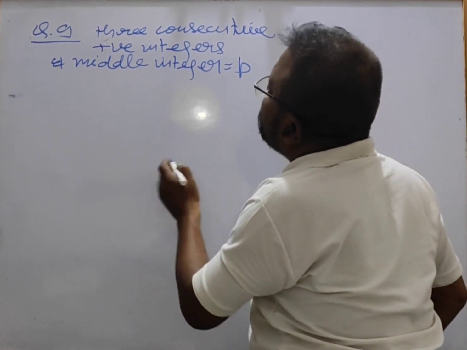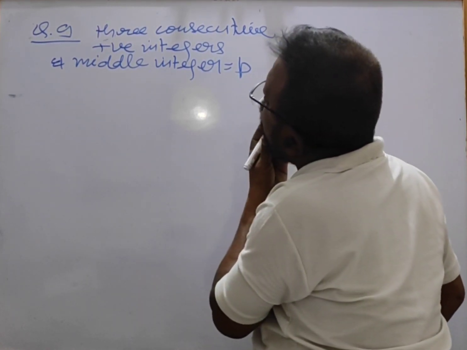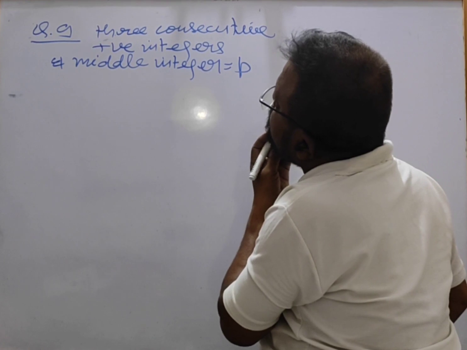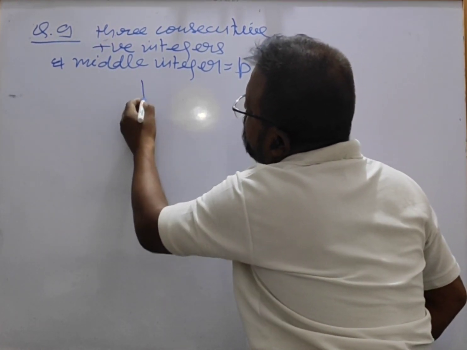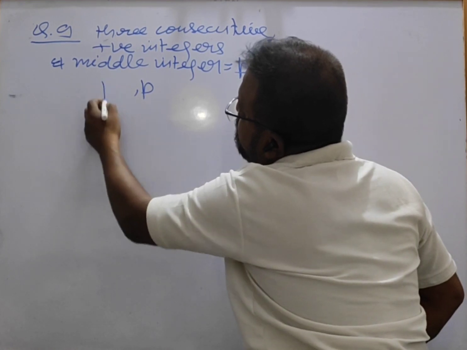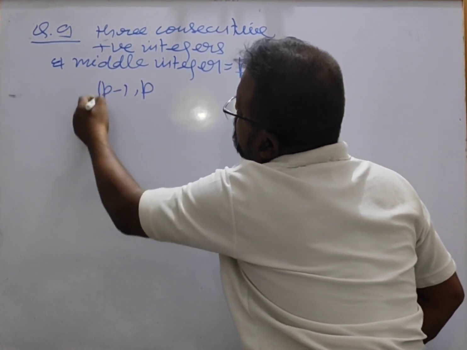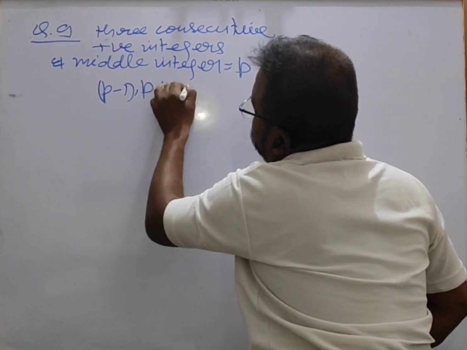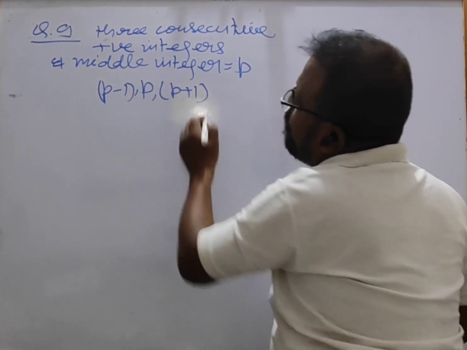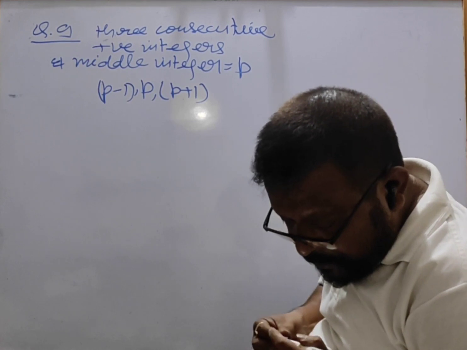So consecutive integers are there, so one is p minus 1, and one is p plus 1. These are three consecutive integers where the middle number is p.